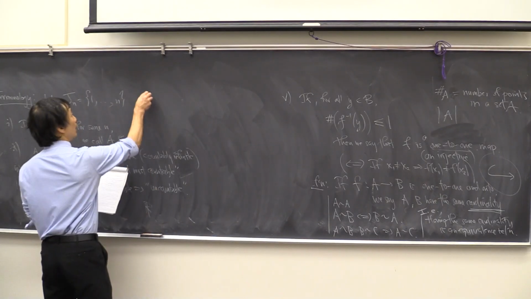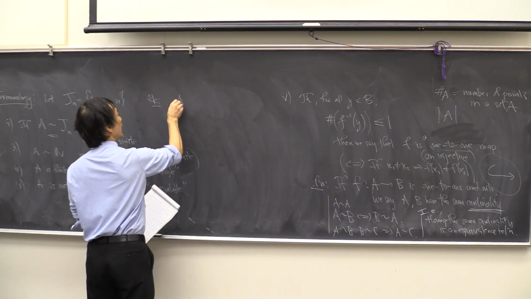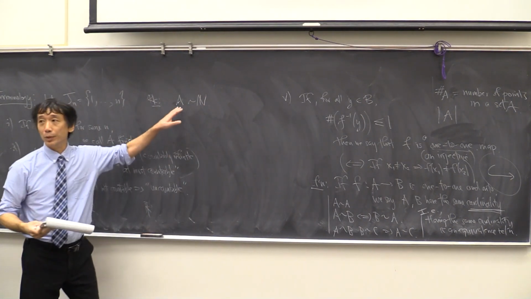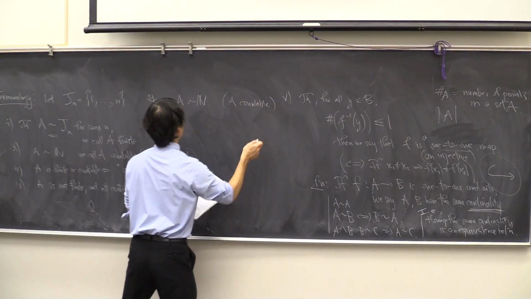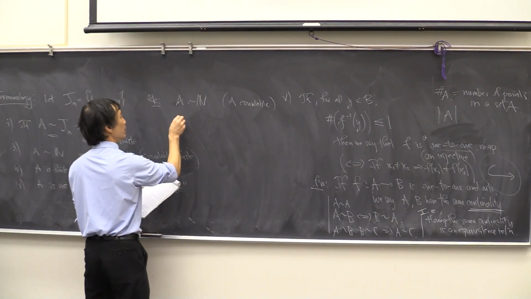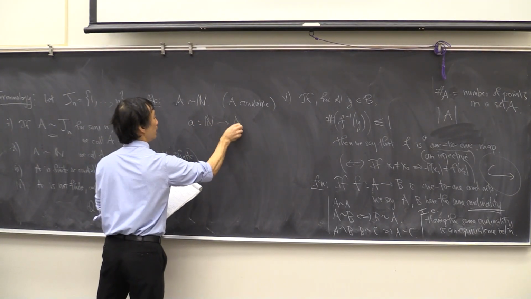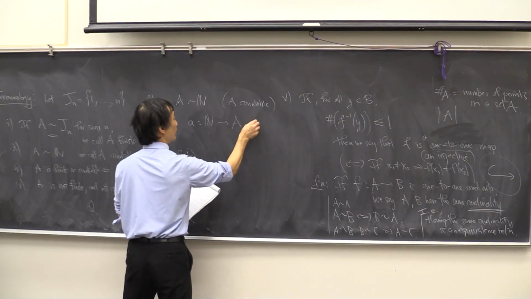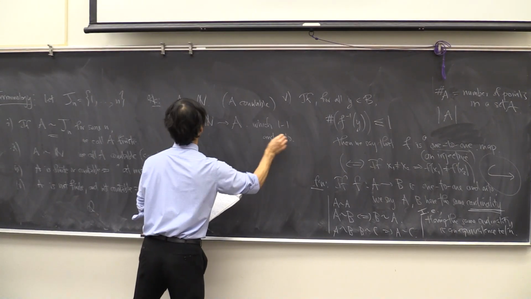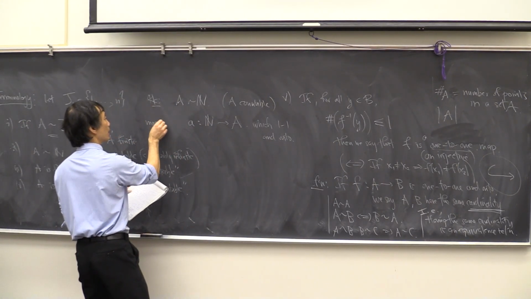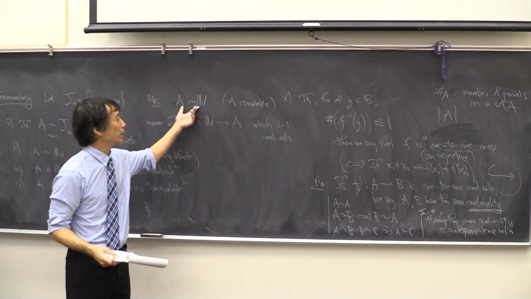Let me make just one comment. For A to be countable means that there's a map, which I'll call little a, going from N to A, that is one-to-one and onto. That's what countable means, that your cardinality is the same.